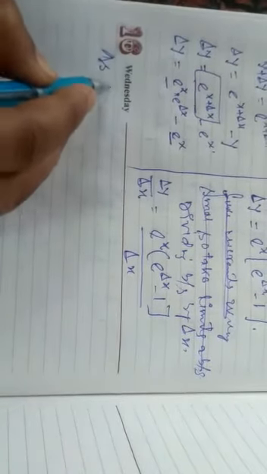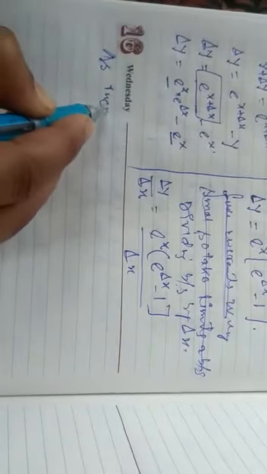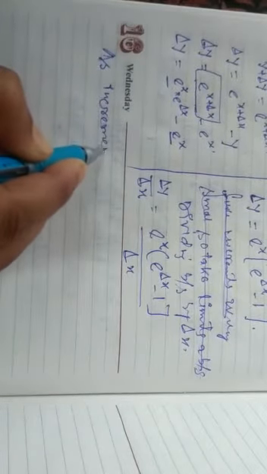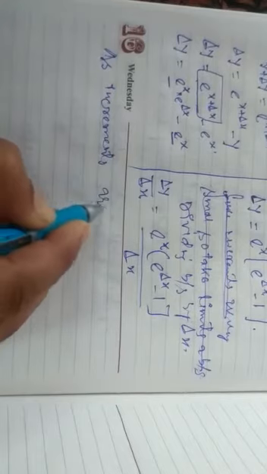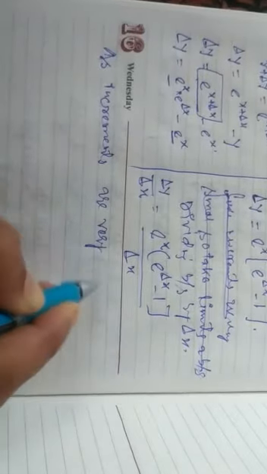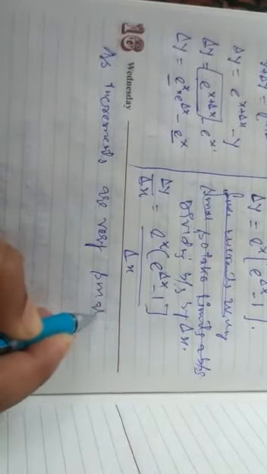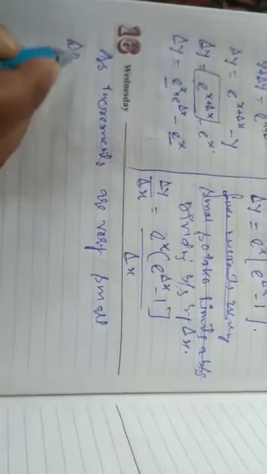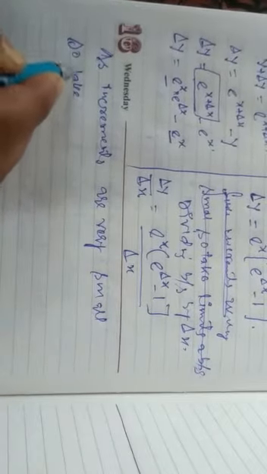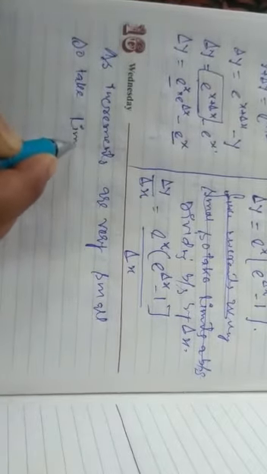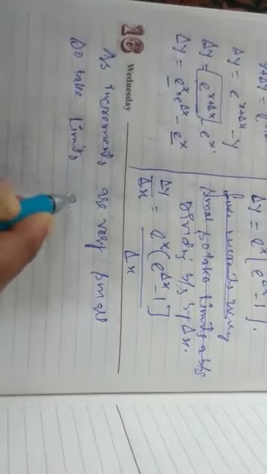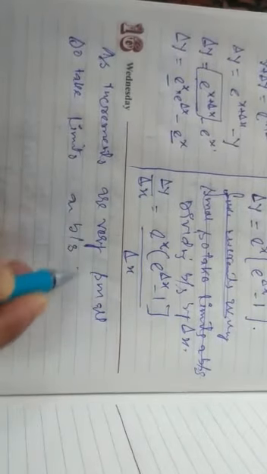Now we can write it down like this: as increments are very small, take limits on both sides.